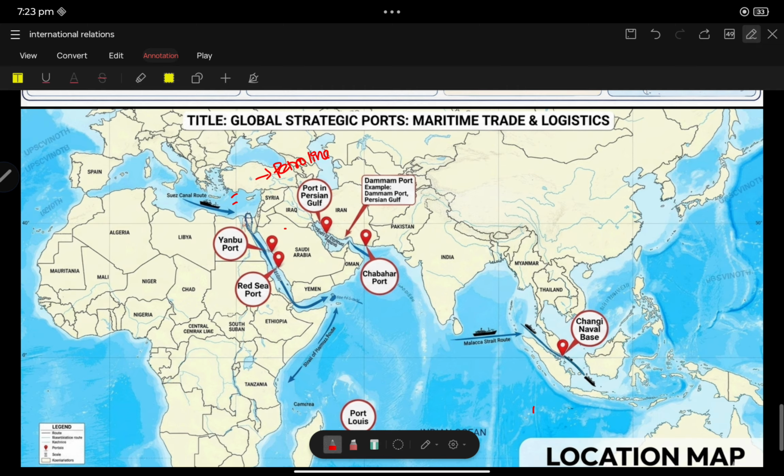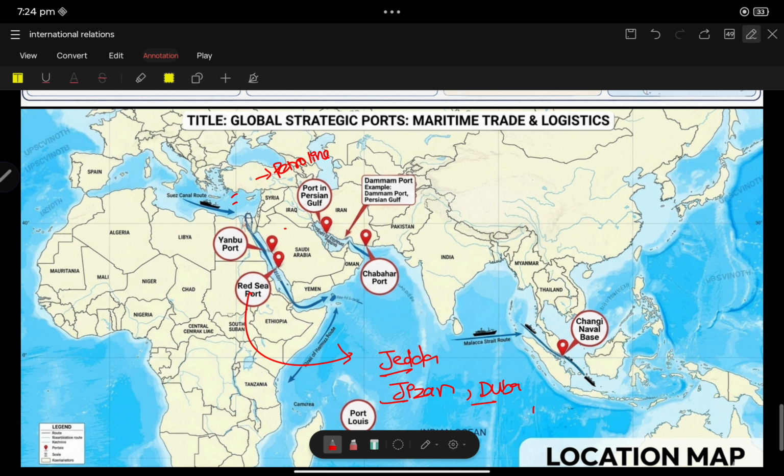What are these ports? Generally Jeddah port, Yanbu port, Jizan port, Duba port. So Jeddah, Jizan and Duba belong to Saudi Arabia.